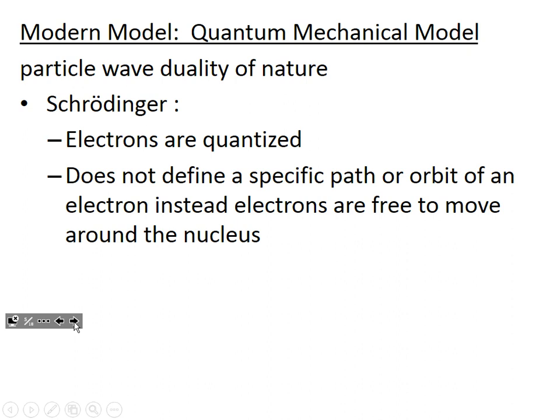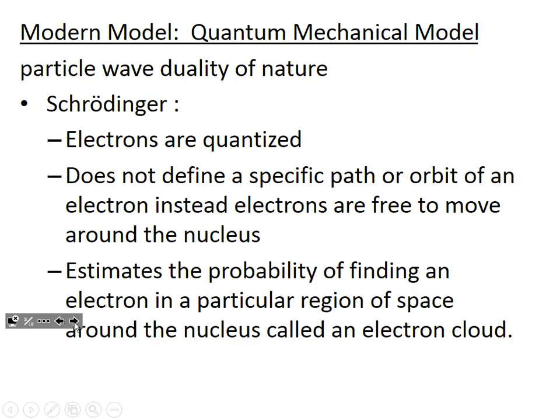An electron cloud is just a region where there is a probability of finding an electron. It is a high probability, 99%. So an electron cloud estimates the probability of finding an electron around the nucleus of the atom in a particular space.